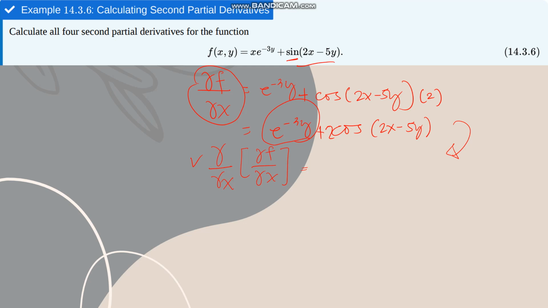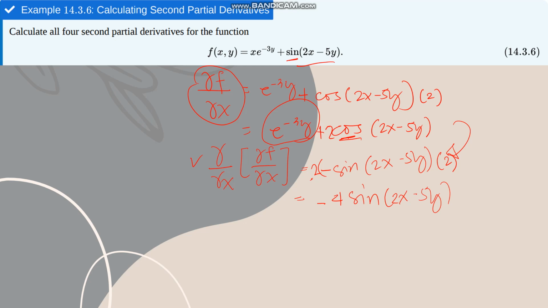Constant naman ni, no? Derivative ni cosine is negative sine, 2x minus 5y. Derivative ni 2x minus 5y with respect to x is 2. We'll have 2 times 2 is 4. Negative 4 sine of 2x minus 5y.